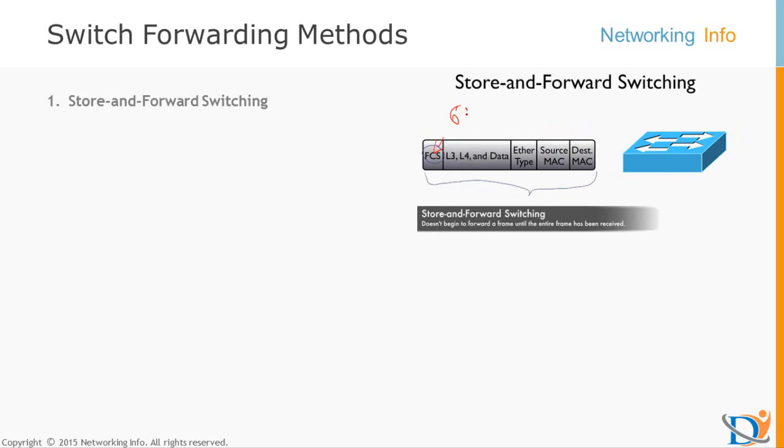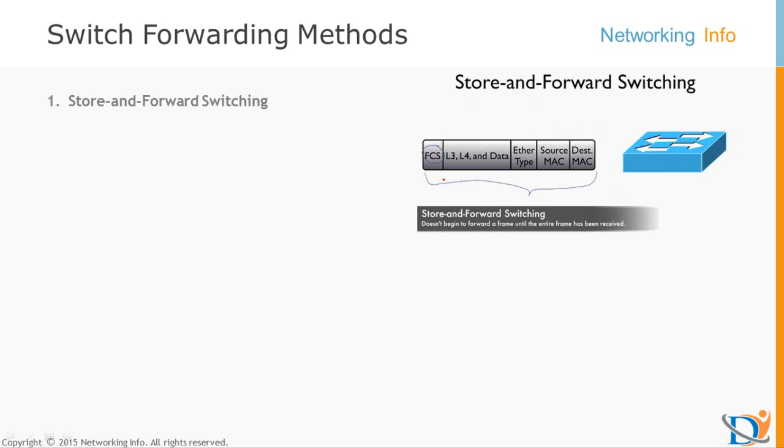Frame size must be more than 64 bytes and should not be more than 1518 bytes. It decides if the frame is too small or too large. Then it checks for errors in the frame using CRC. Then it forwards the frame. So it takes some time to read the frame and decide whether the frame is error free. It stores the frame in a buffer and sends the frame when the frame is okay. So there is high latency because of this.